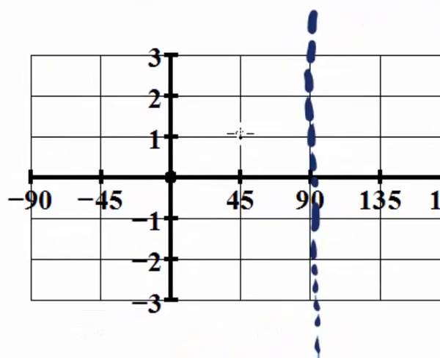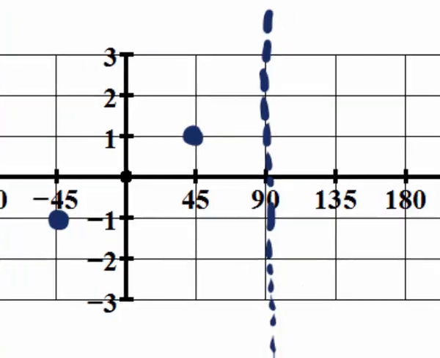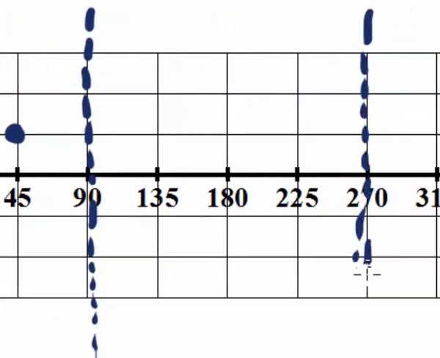Tan of 45 is 1. Okay, if you work it out. So there's an important point there. The tan of negative 45 is negative 1. And at these asymptotes here, you get them at 270, 90, going on like that. The graph is completely undefined at that point there.